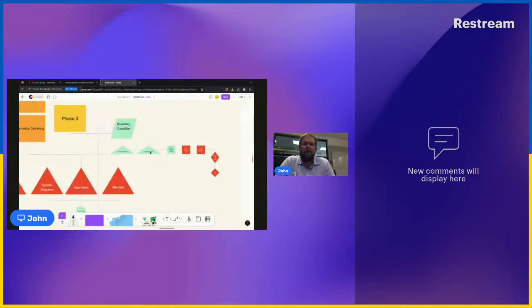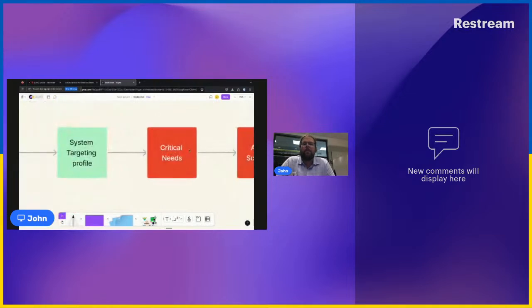So with that, we're going to develop our targeting details, our system targeting profile, and then we're going to move into critical needs. What does that system need to continue running, and what process could be interrupted that would disrupt the critical needs of the organization? This is your high consequence event. One user being logged out is not a high consequence event, but multiple users or all of your users being unable to access the service is probably a critical event.